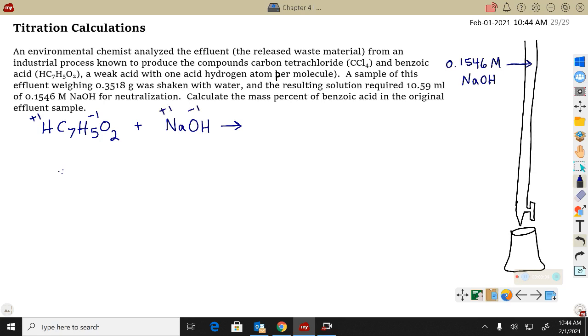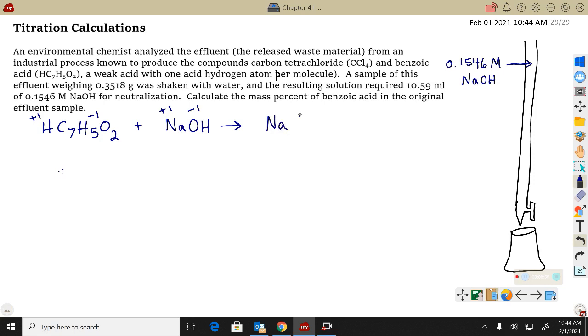So acids often produce hydrogen, bases often produce hydroxide. So yeah, it's an acid-base reaction, but for now, let's look at this as a double replacement. And nowhere in here do I need to do pH or anything that's really acid-base-like. It's just a reaction. Okay, so I'm going to switch the two positives. I usually just switch the positives because they come first.